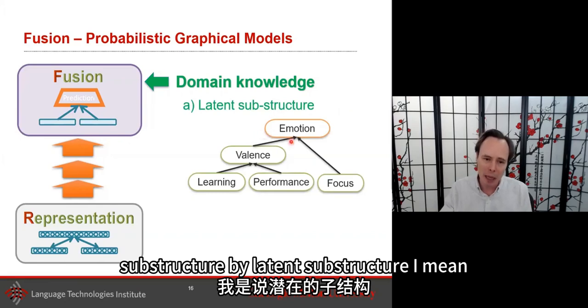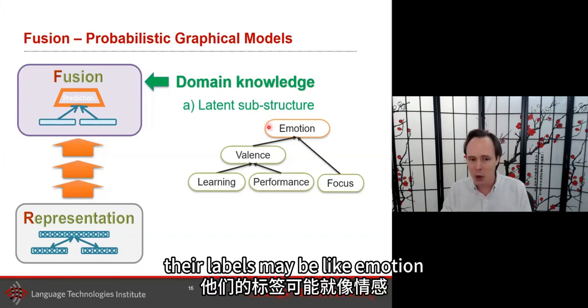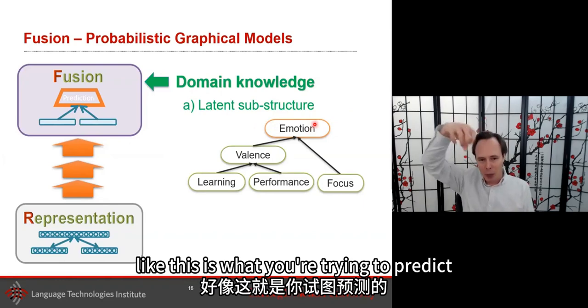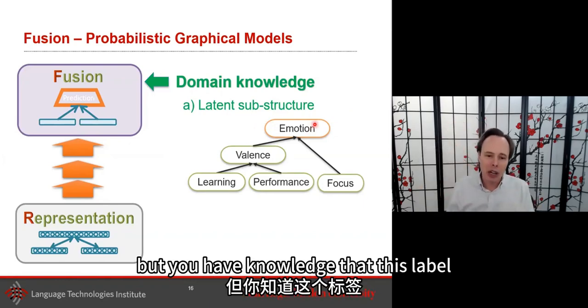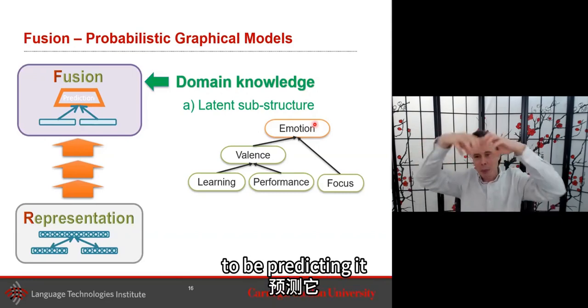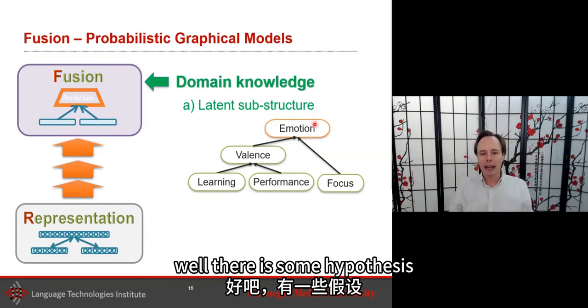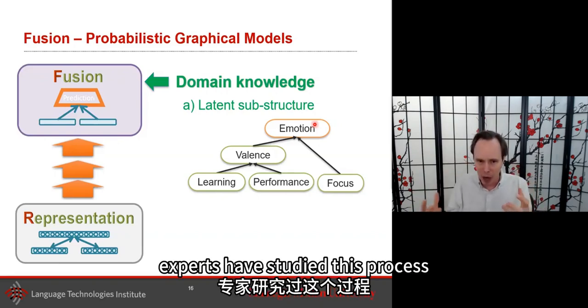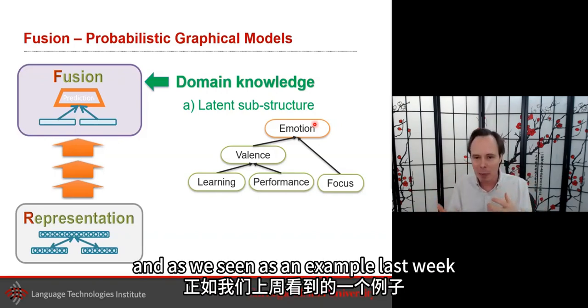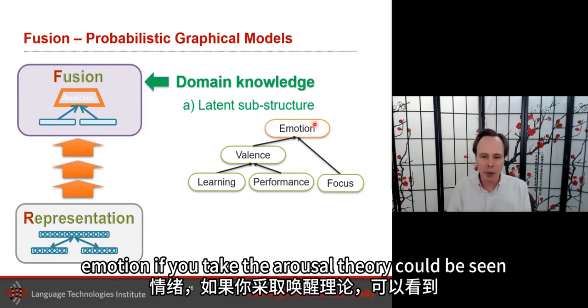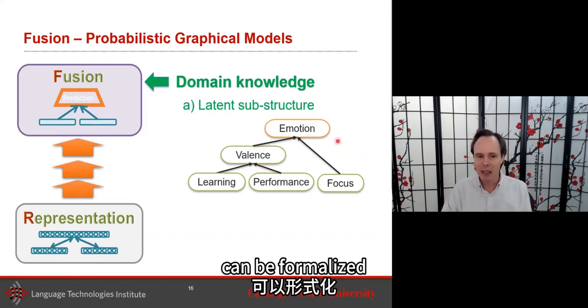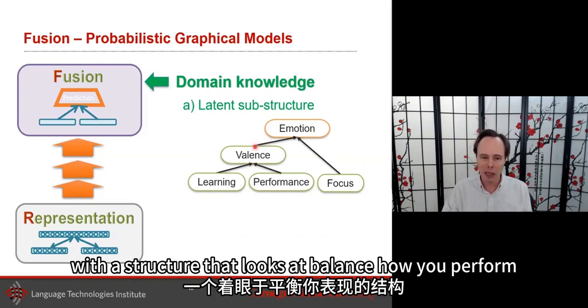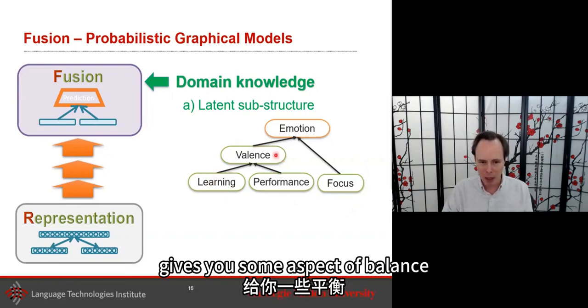By latent substructure, I mean the label may be emotion, which is what you're trying to predict, but experts have studied this process and there are hypotheses and models. As we saw last week, emotion, if you take appraisal theory, can be formalized with a structure that looks at balance: how you perform and how much effort you put in gives you some aspect of balance.